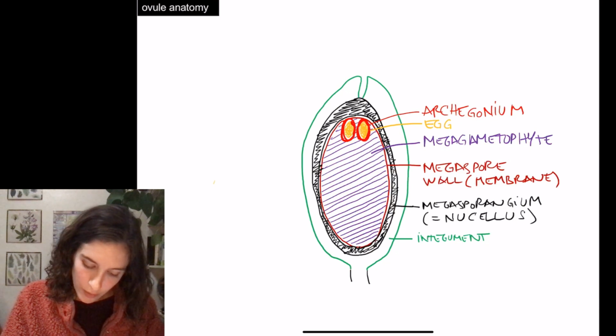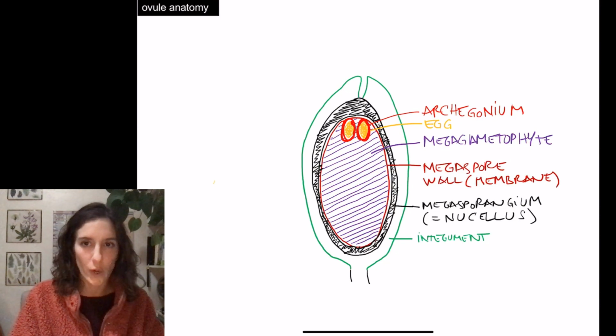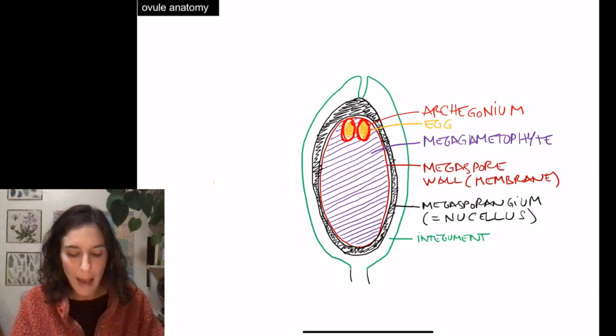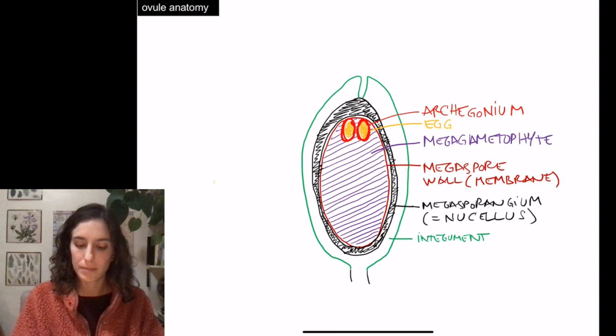Okay, so we've got lots of layers here. Make sure you can remember which ones are diploid and which ones are haploid. See if you can draw this out and then label these from this very figure as haploid or diploid in your notes.